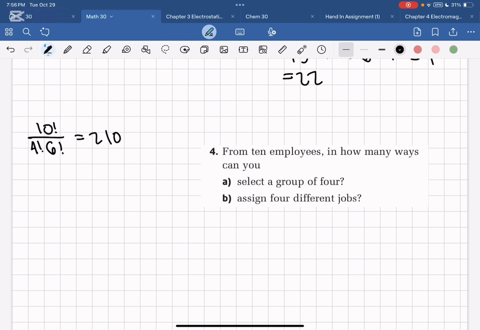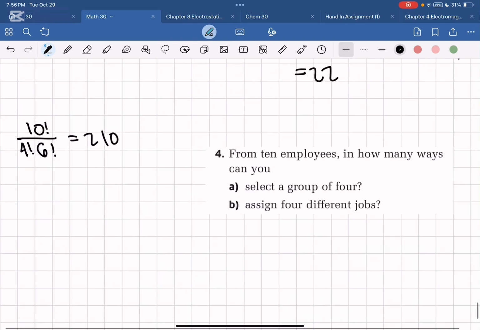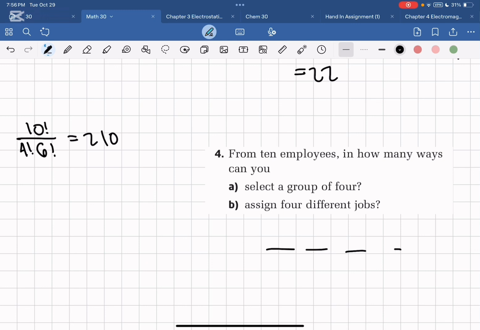The second part of the question is actually trying to trip you up a little bit, because that is a permutation question. It's asking you to assign 4 different jobs amongst 10 different employees. But in this context, the order matters because the order determines which employee gets which job.